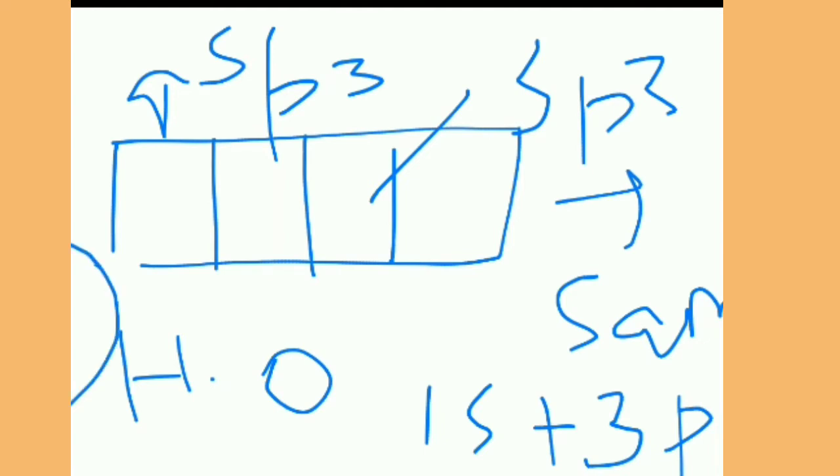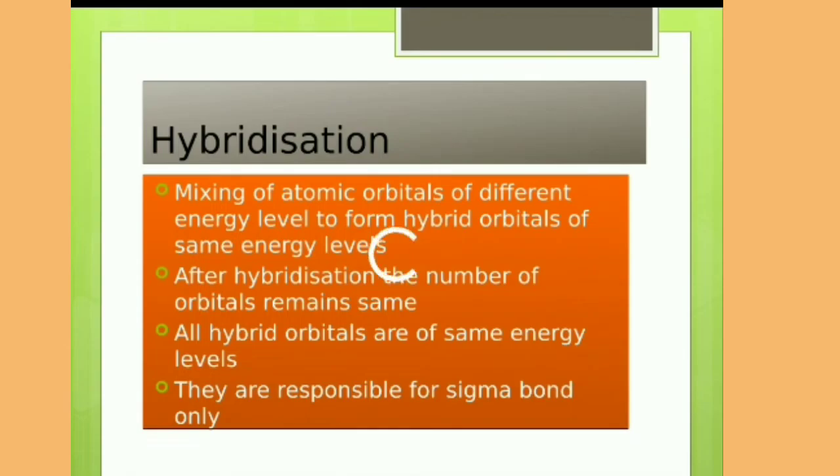So the number of orbitals always remains the same. All hybrid orbitals are of the same energy. After hybridization, the energy of the atomic orbitals redistributes and forms hybrid orbitals of the same energy level.